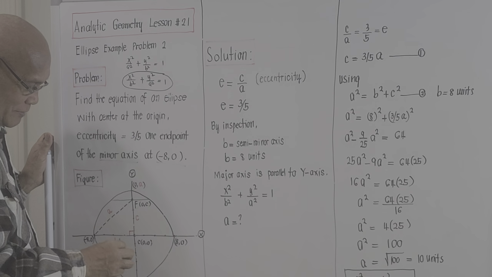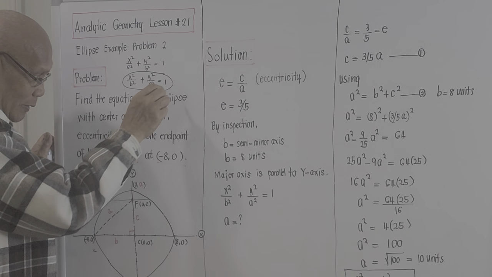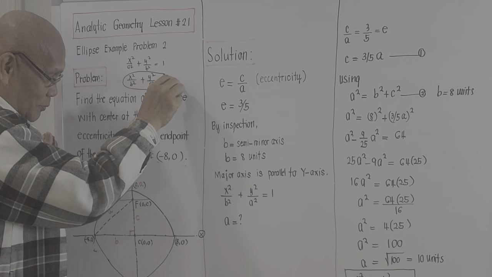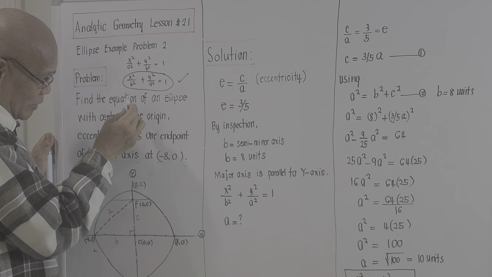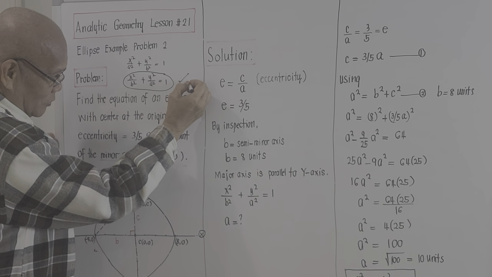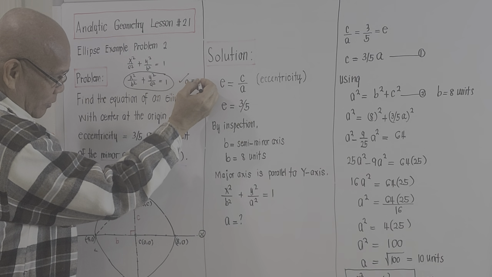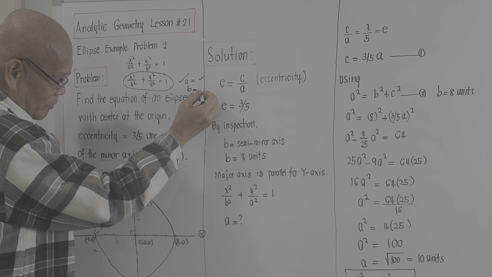So like what I said, the major axis is along the y-axis. So we will be using this equation here. Our only problem now to solve for the equation is we must solve for the value of the semi-major axis, and we must solve for the value of the semi-minor axis.